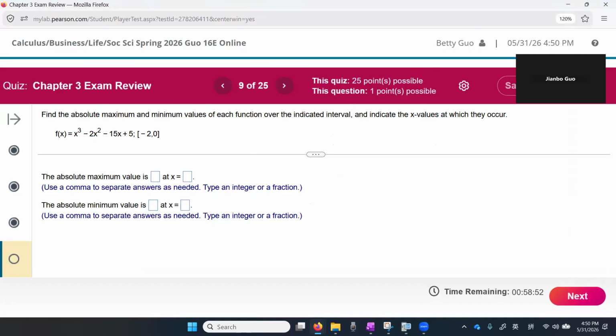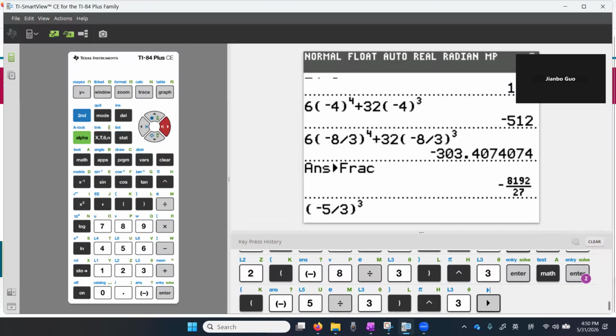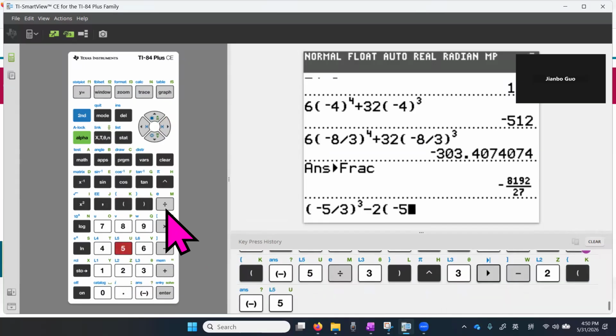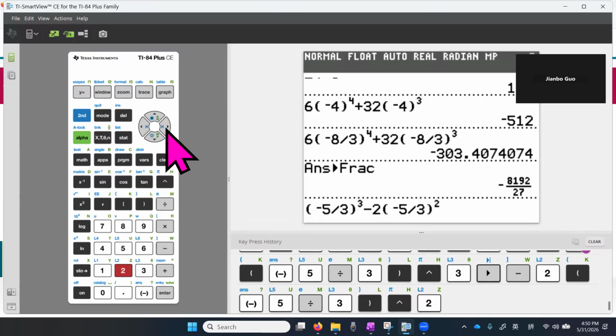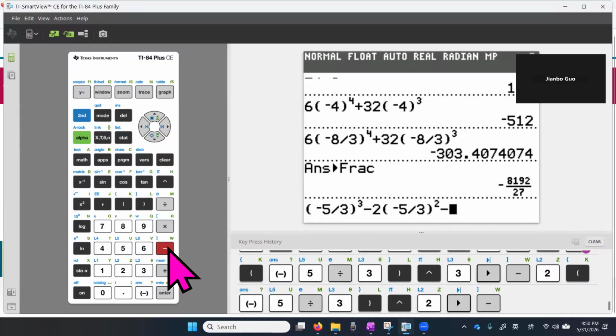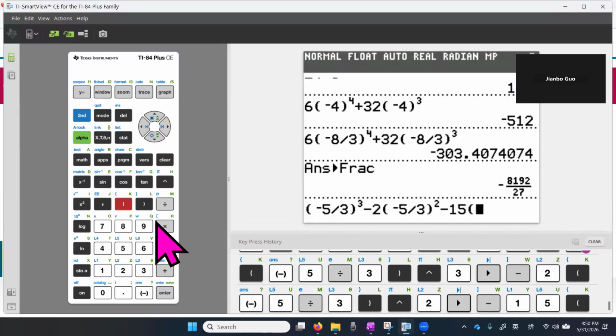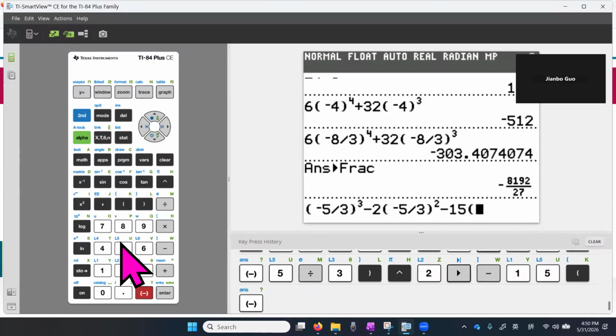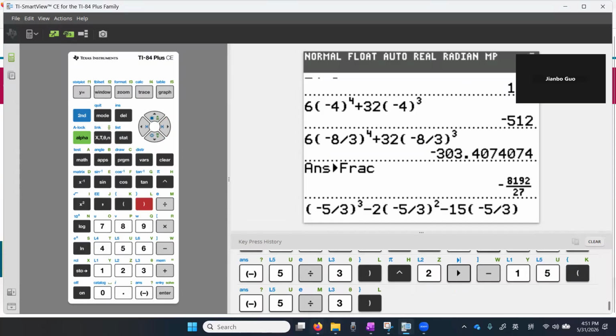x cubed minus 2 squared, minus 2 squared, minus 2 squared, and then minus 15x and plus 5, right?